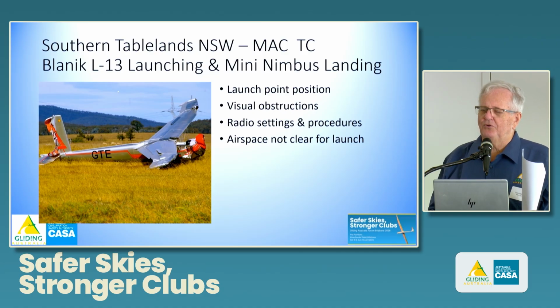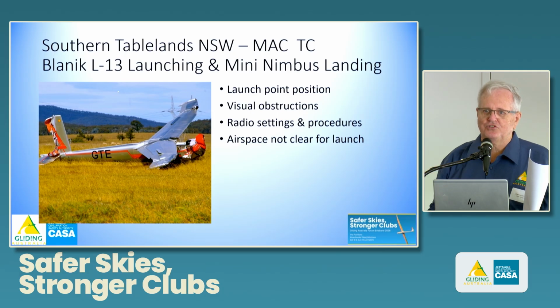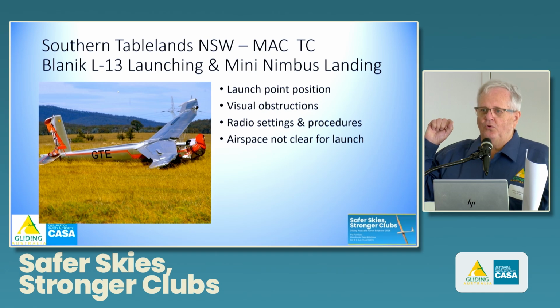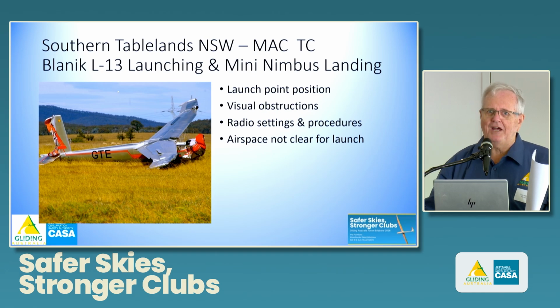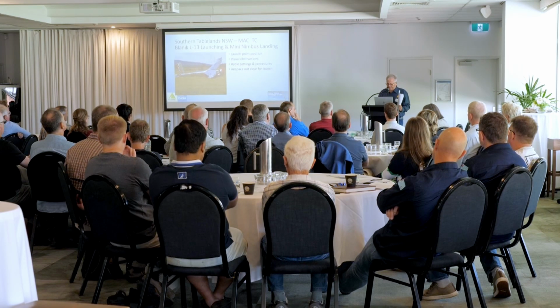So there were a bunch of organisational things that drove a reduced awareness, and then the airspace was not adequately cleared for launch. The launch started as the mini Nimbus descended over the trees into the launching Blarney. That is a case of an organisational accident as much as an operational accident. That was a pretty rough scene, that one.